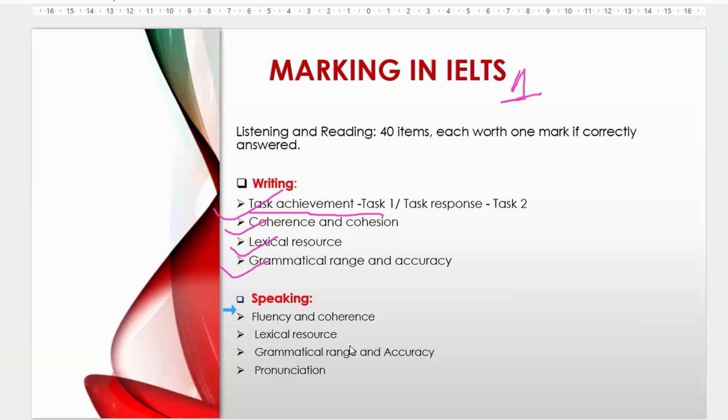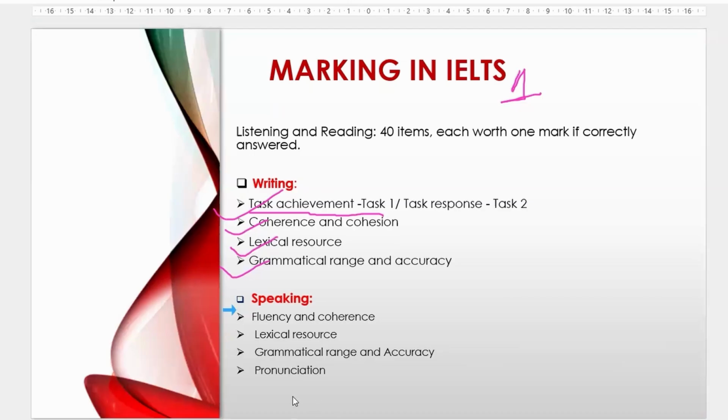What if I say very big? Instead of very big, I can say immense. So it is better to pick such kinds of words: immense, or huge. So you can use only such kinds of strong adjectives.